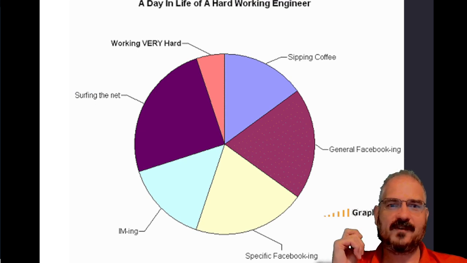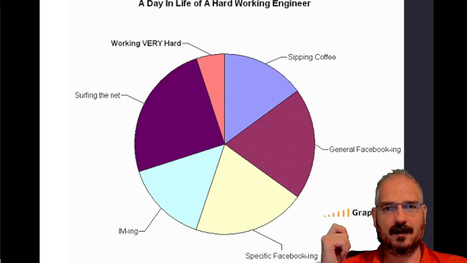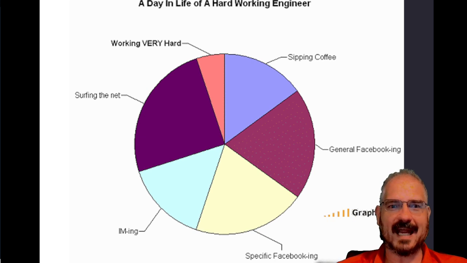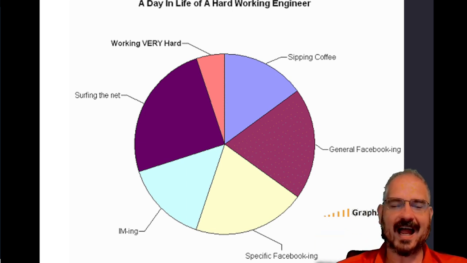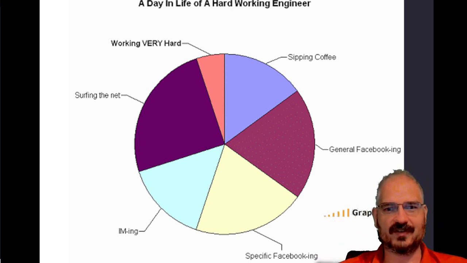So let's go over a few more of these. Here's a pie chart on what an average engineer spends their working day doing. Each one of these slices represents a relative size or relative percentage of time, where the whole circle is their entire day.